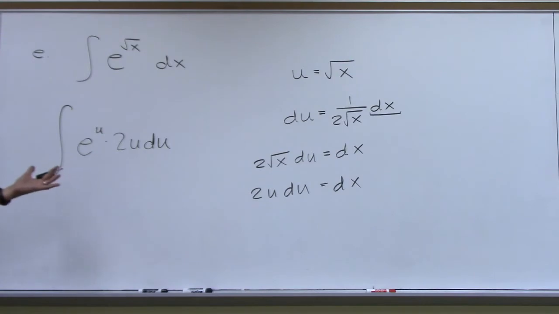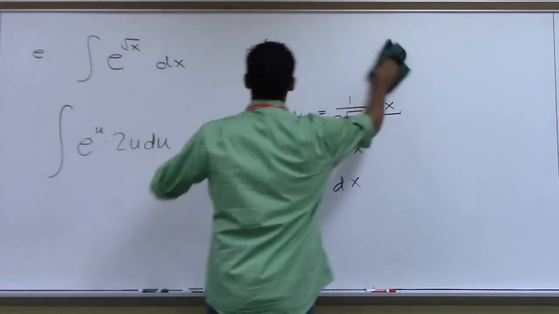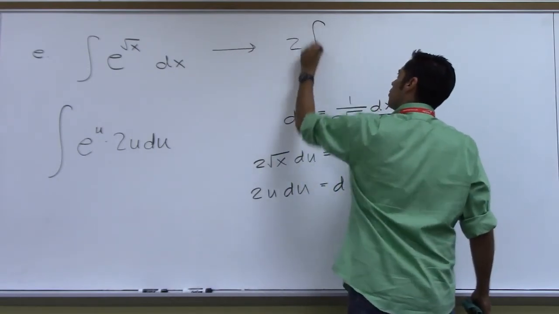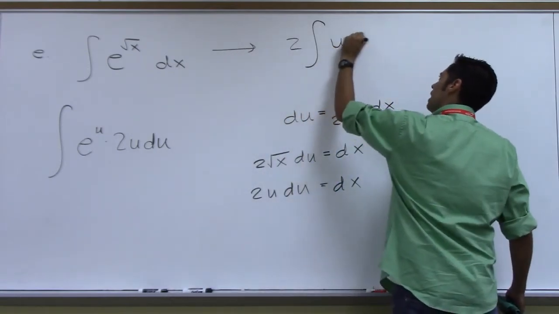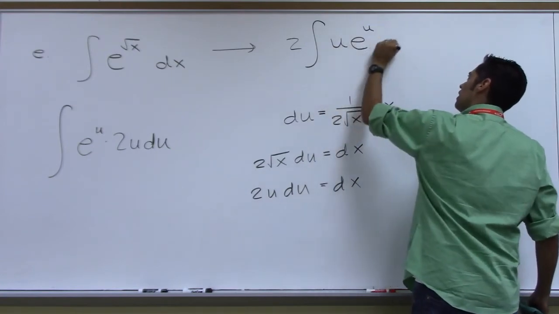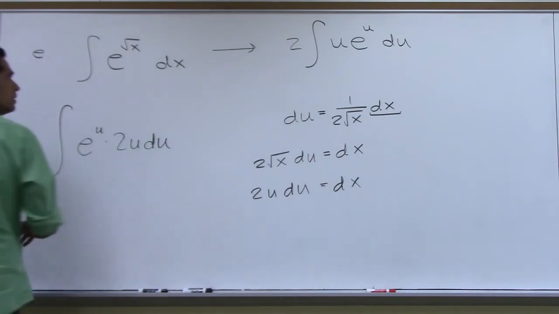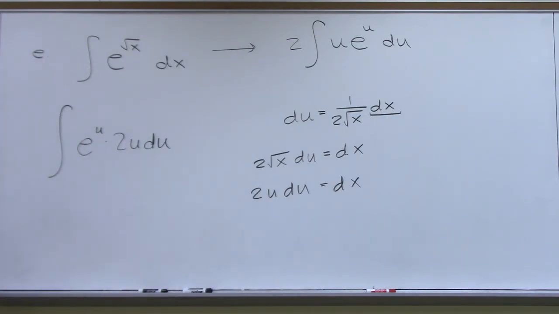Questions? Can I pull a 2 out? Is that all right? So this becomes 2 integral u e to the u du. Do we agree? Yes. How are you going to do that integral?